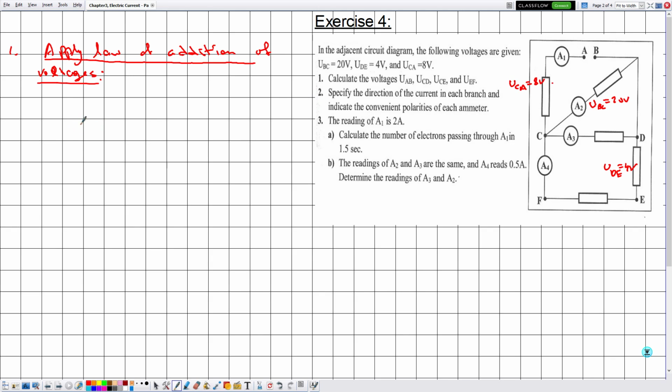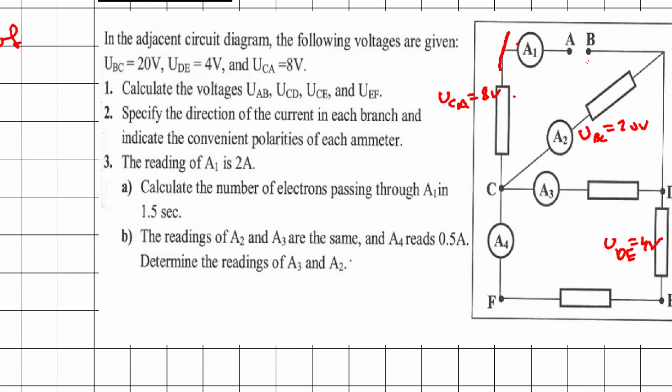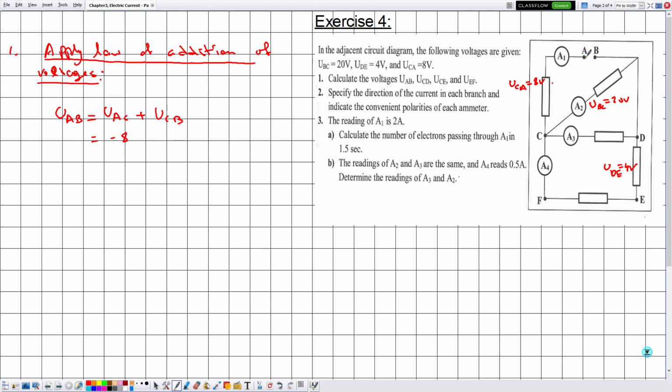Always on the left we write the voltage of the battery, which is given by UAB, the voltage that we are interested in calculating, and on the other side of this equation we write the voltages across different electric components going from A to B. So from A we'll go to the point C, and from C we will go to the point B, because we know the voltages UAC and UCB. Now if UCA is given by 8 volts, then UAC is given by -8. Here there is no need to justify that we have an ammeter of negligible resistance, because they directly give me the value of UAC, plus UCB.